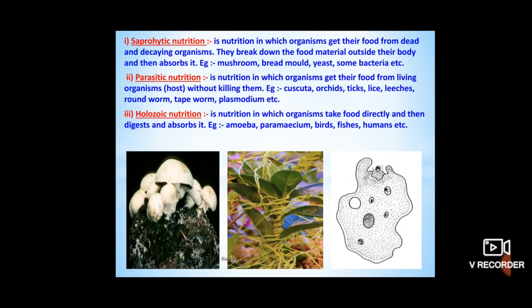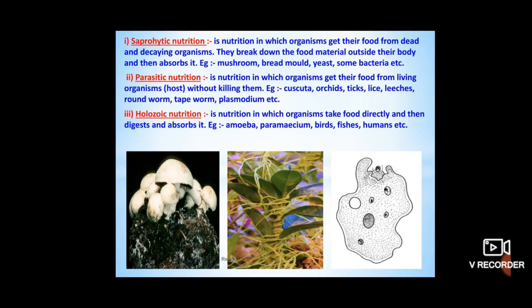Yes, the saprophytic mode of nutrition, because the mushroom grows in the particular area where dead and decaying organisms are available. The best examples for the saprophytic mode are mushroom, bread mold, yeast, and some other bacteria. And the next type of heterotrophic mode of nutrition is parasitic.